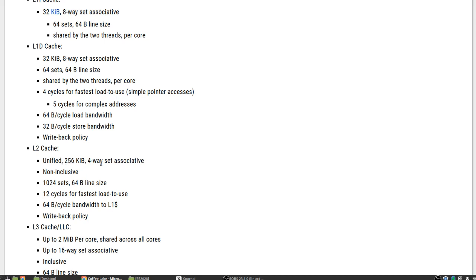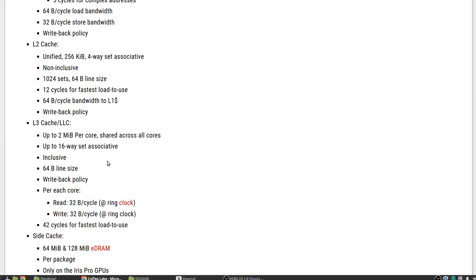It's 256 KB and it's 4-way set associative. And then the L3 cache is 2 MB per core. So in a dual core processor, it will be 4 MB. In a quad core processor, it will be 8 MB shared across cores. So even though it's 2 MB per core, the entire cache is accessible to all the cores.